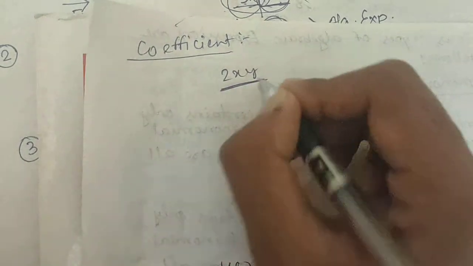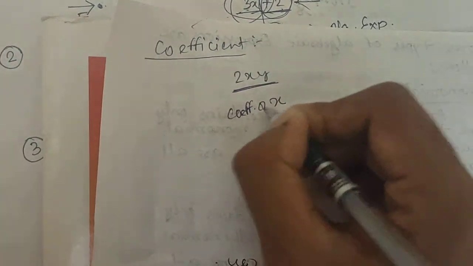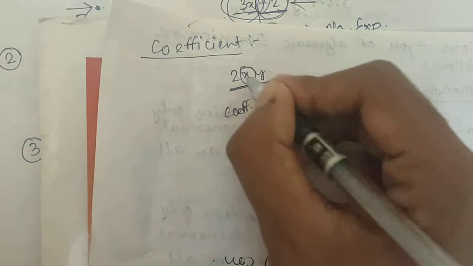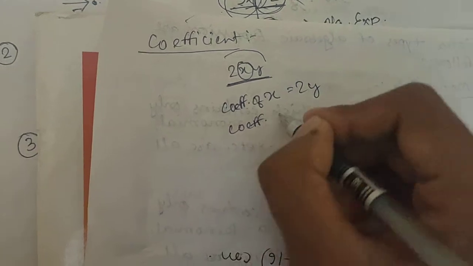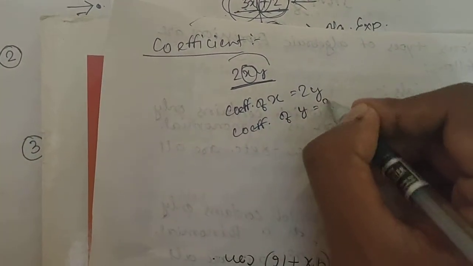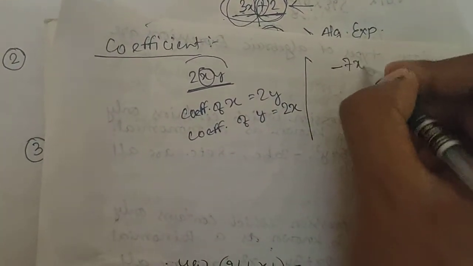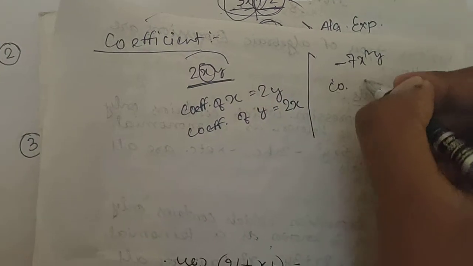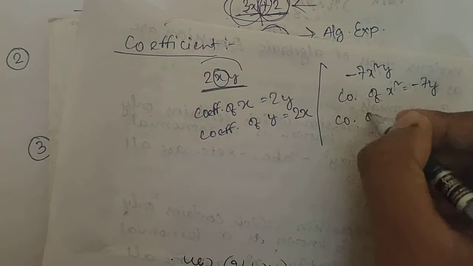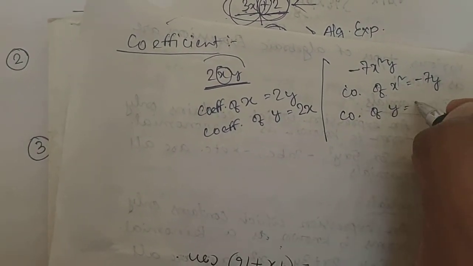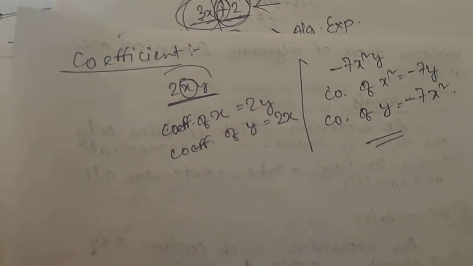If we find out the coefficient of x, it will be everything except this x, the whole remaining part is called coefficient. So for that particular question, coefficient of y will be 2 into x. Similarly, suppose there is minus 7x square y. Coefficient of x square will be minus 7y. Coefficient of y will be minus 7x square. So I think coefficient is clear for everyone.